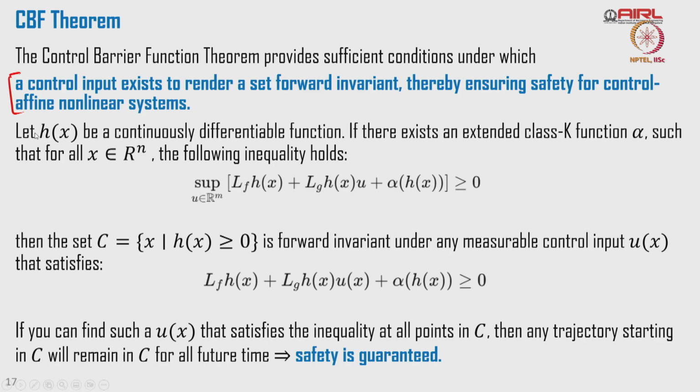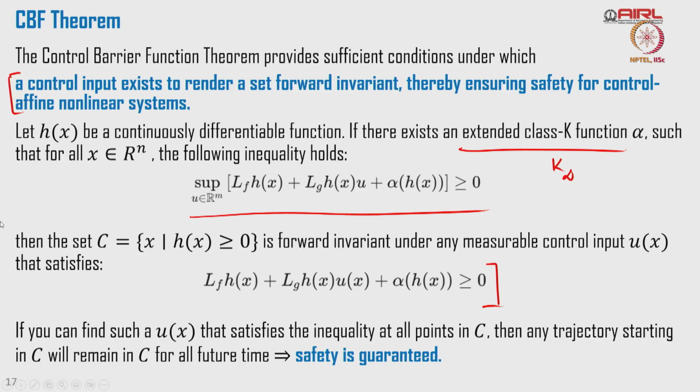Let h(x) be a continuously differentiable function, x belongs to this n-dimensional space. If there exists an extended class K function alpha such that the following inequality holds, then the set C, defined as h(x) greater than or equal to 0, is a forward invariant set under any measurable control input. This should also be satisfied.